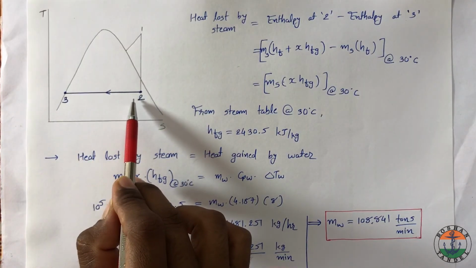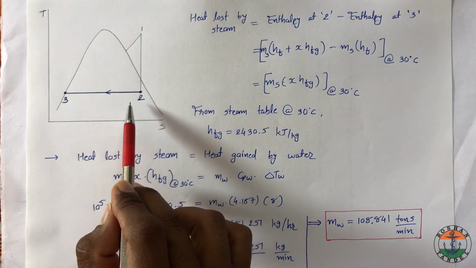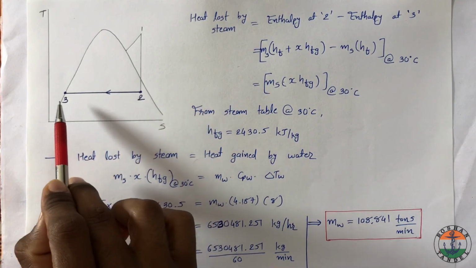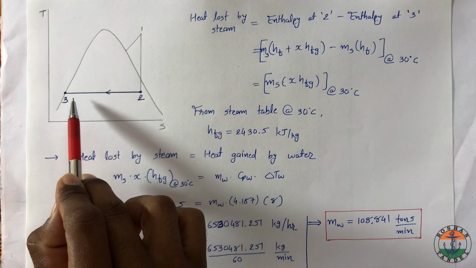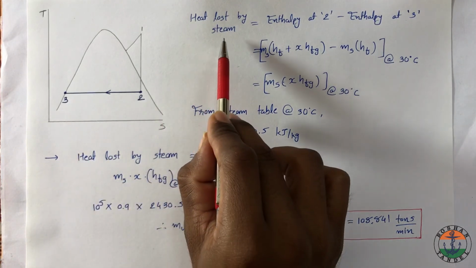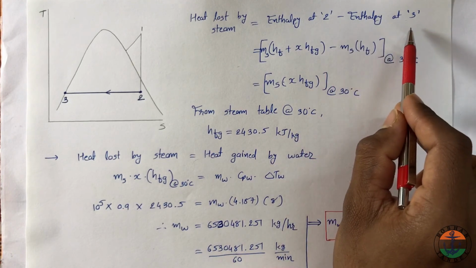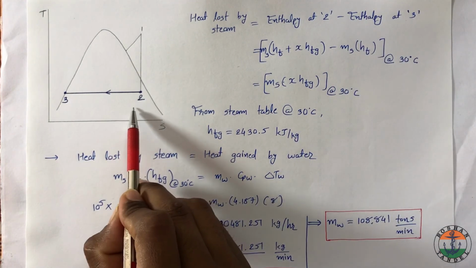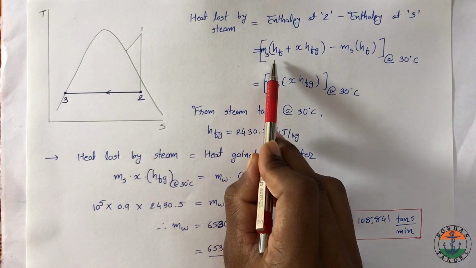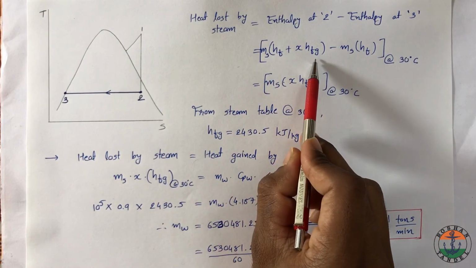Here, in this example, no undercooling is given. It means exhaust steam is condensed to saturated liquid. So, heat lost by steam is equal to enthalpy at 2 minus enthalpy at 3. For point 2, you have to consider HF plus X into HFG.